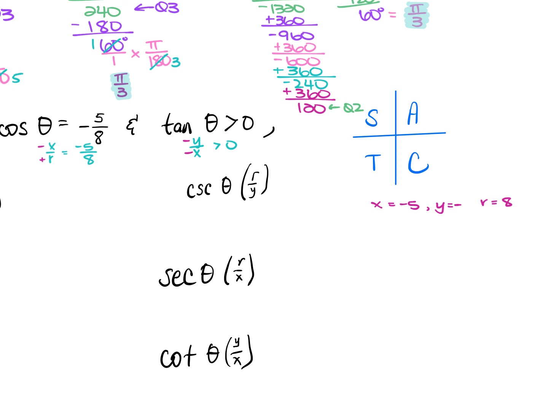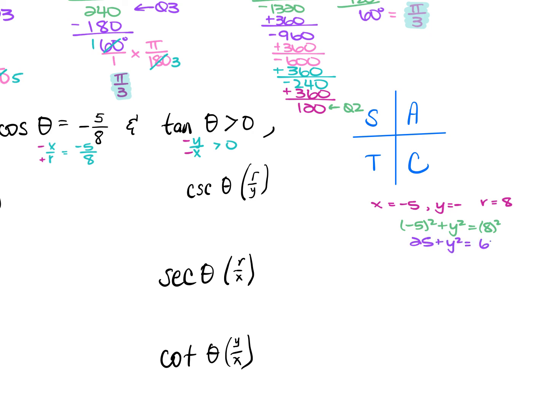I like using a squared plus b squared is equal to c squared. If you'd rather use r is equal to the square root of x squared plus y squared, you can do that too. So instead of a, it's going to be x. Instead of b, it's going to be y. Okay? So this is going to give me negative 5 squared plus y squared is equal to 8 squared. The negative 5 squared is 25.